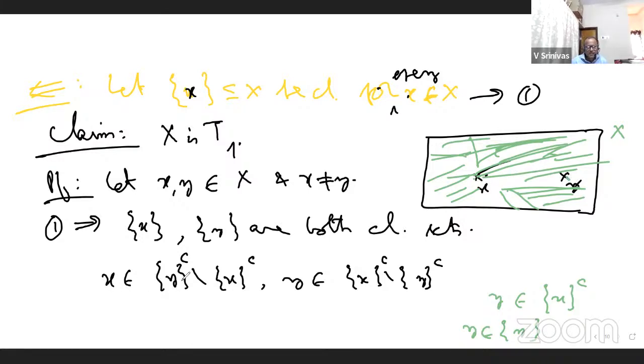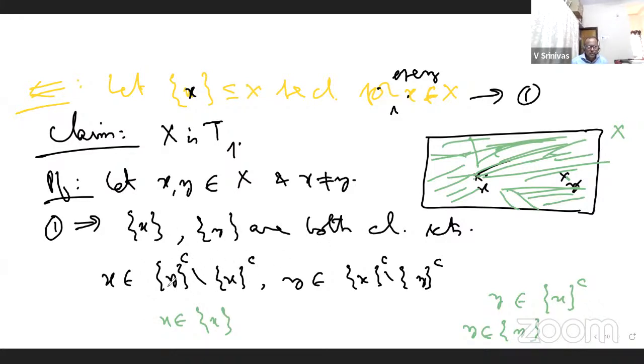And x is in singleton x, so x does not belong to singleton x complement. So you can combine these two and write that x is in singleton y complement minus singleton x complement. And singleton x is closed, so singleton x complement is open.